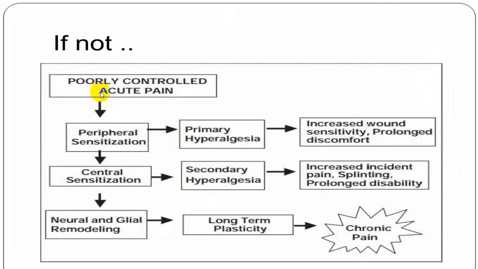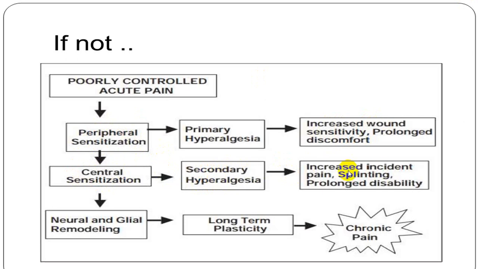If acute pain is not controlled, if it is poorly controlled, it will lead to peripheral sensitization. Because of peripheral sensitization, the person will develop hyperalgesia, meaning increased wound sensitivity and prolonged discomfort. He'll constantly complain of pain in the affected area, particularly the area where the injury is. Secondary to peripheral sensitization, there is now central sensitization, which will give rise to secondary hyperalgesia.